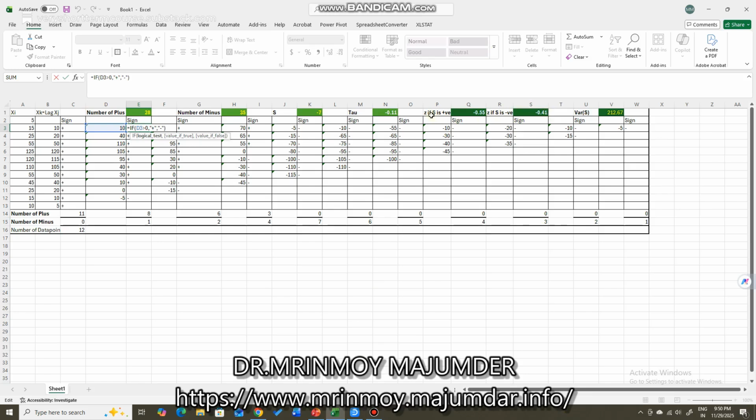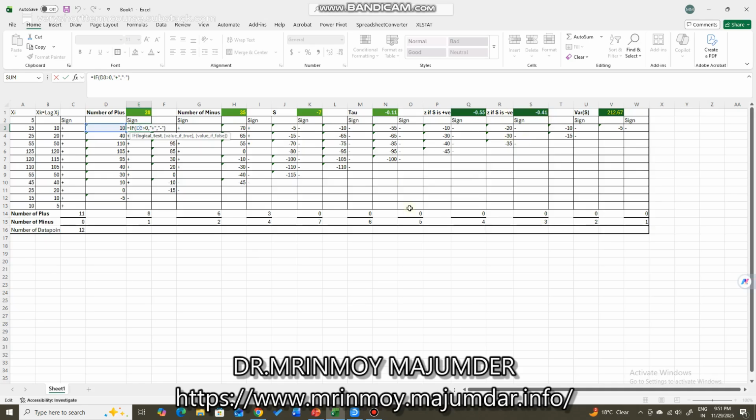You see, if the S is positive, the value of Z will be minus 0.55. If the S is negative, the value of Z will be minus 0.41. So as our S is minus, I have to take the Z value as minus 0.41. Variance S is calculated beforehand. So if our Z is minus 0.41, then I have to find out the critical value of Z. If this critical value of Z is negative, then our Z must be more negative than that.